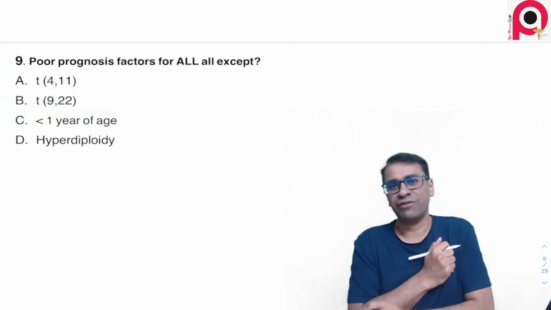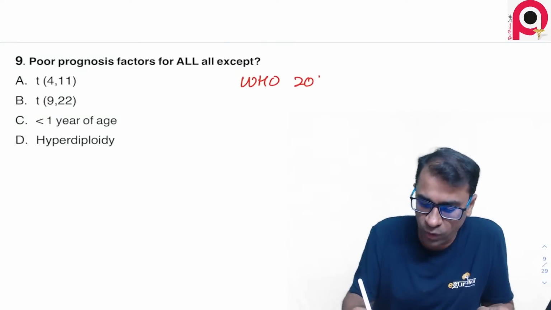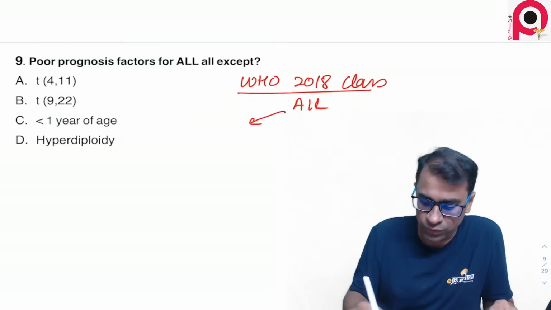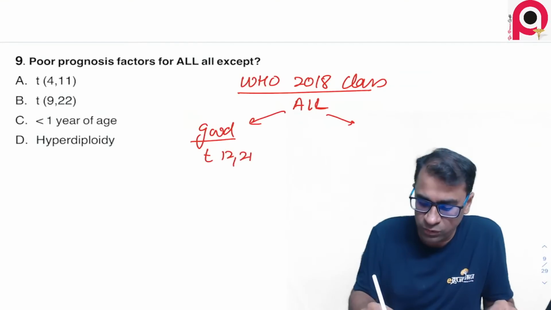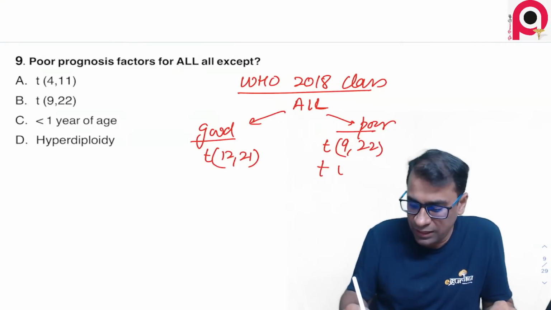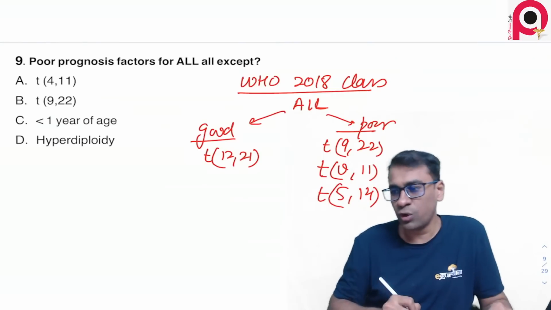Poor prognosis factors of ALL. Remember the prognostic factors of ALL in the WHO 2018 classification talk about some good and some poor prognosis. If you talk about good prognosis, it's only translocation 12;21. In the poor, it is translocation of 9 with 22, any chromosome with 11, and it can be 5 with 14.